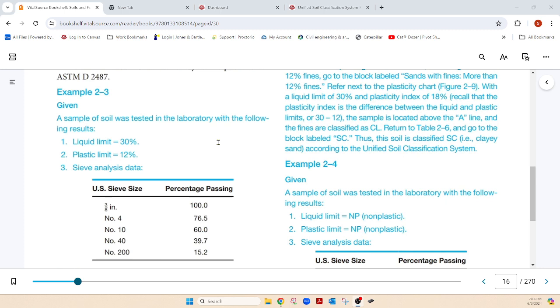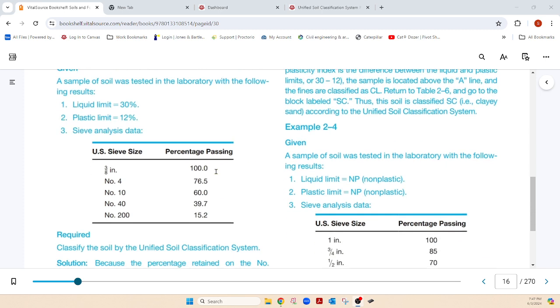We're given a soil sample that's been tested with the following results: liquid limit 30%, plastic limit 12%. Sieve analysis data as follows. We're not going to fool with the 3/8, but the number 4 will become important.